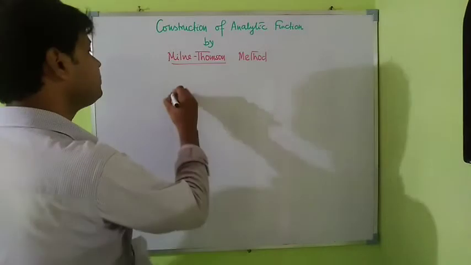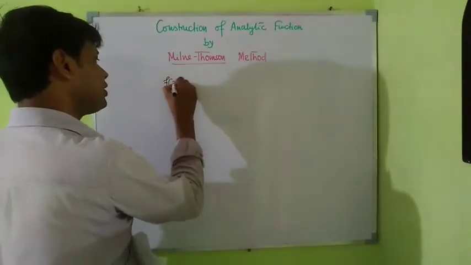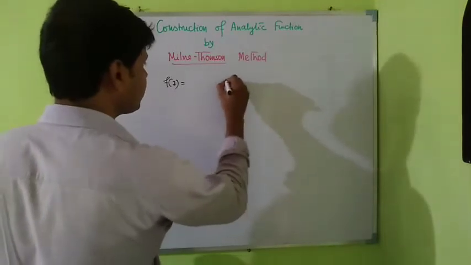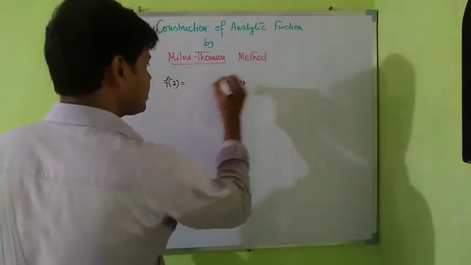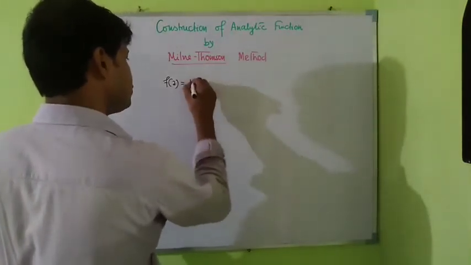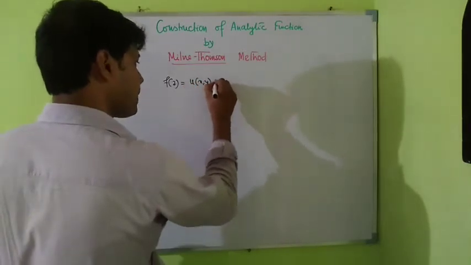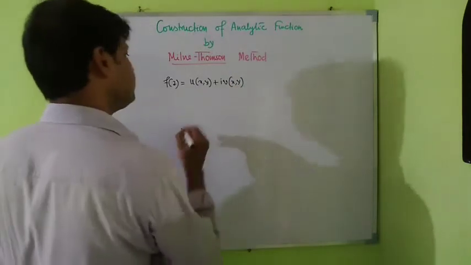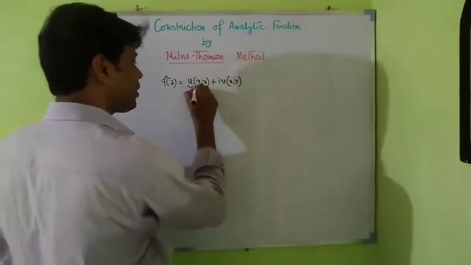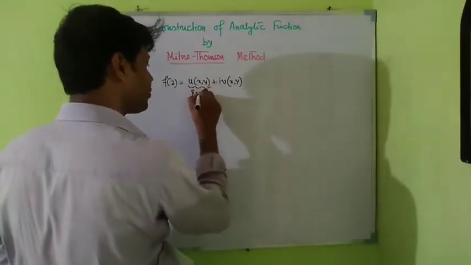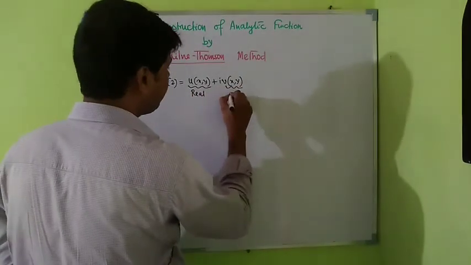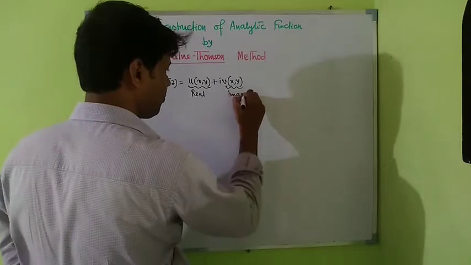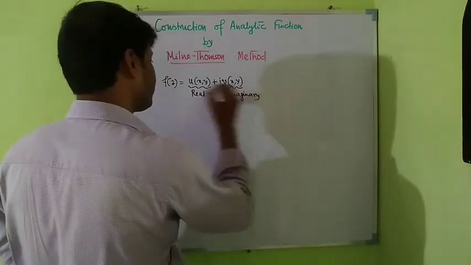Here we have to find the function f(z), where f(z) = u(x,y) + i v(x,y). This part is called the real part, and this part is called the imaginary part of f(z).